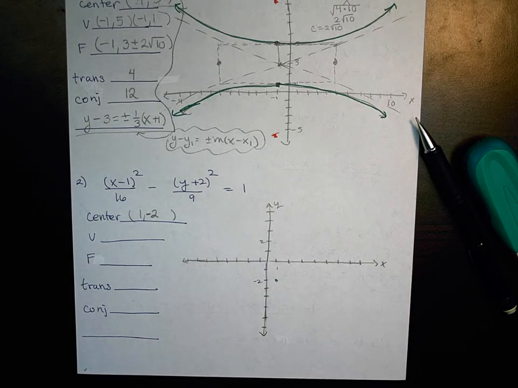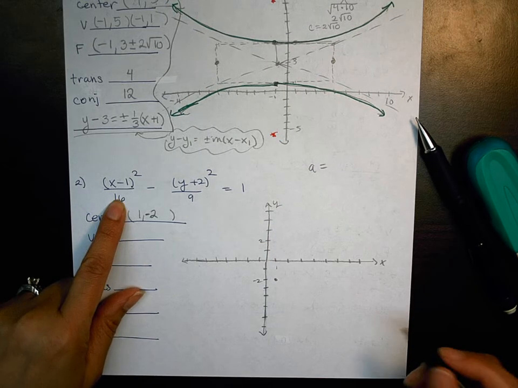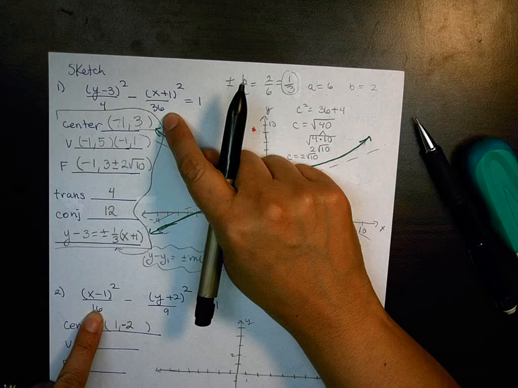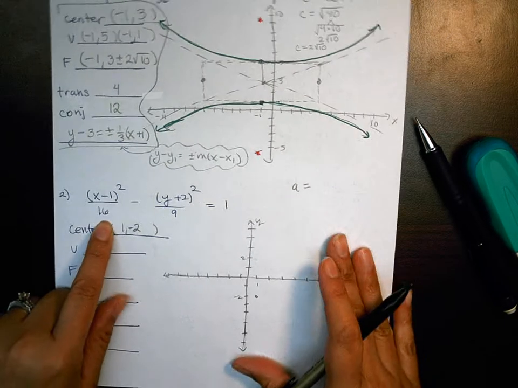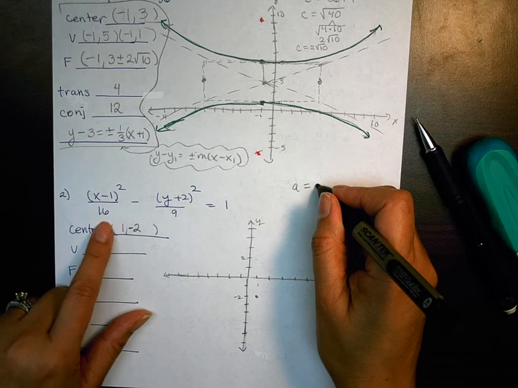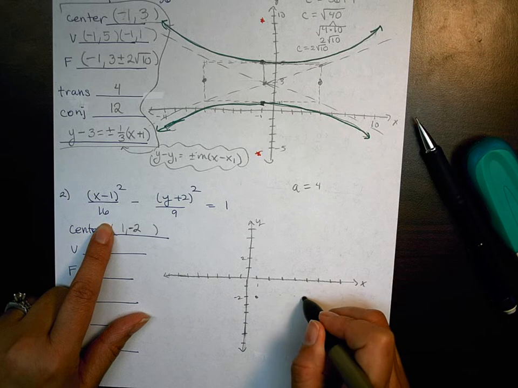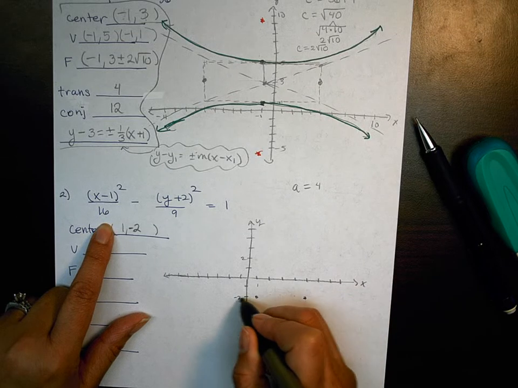Okay, again, underneath the x is the right and left. Earlier it came second, but now it comes first. How far right and left? 4. 1, 2, 3, 4.